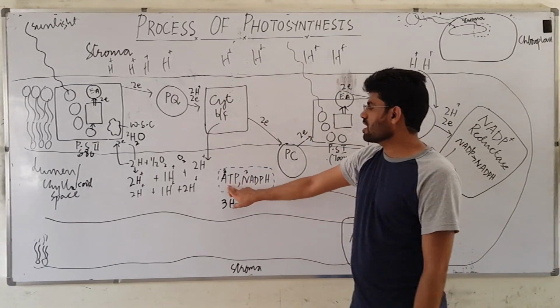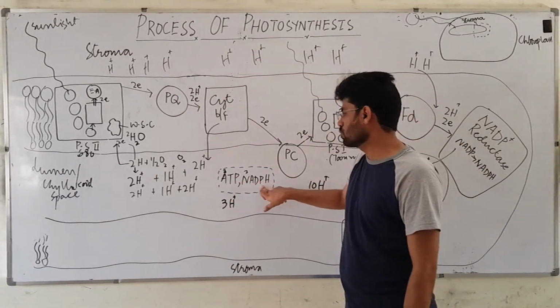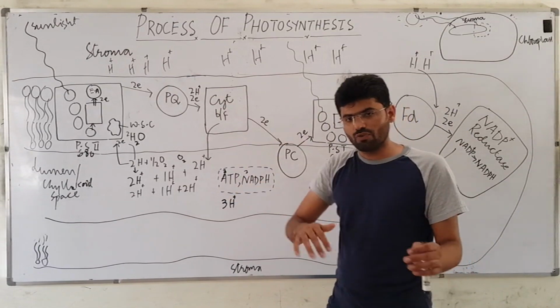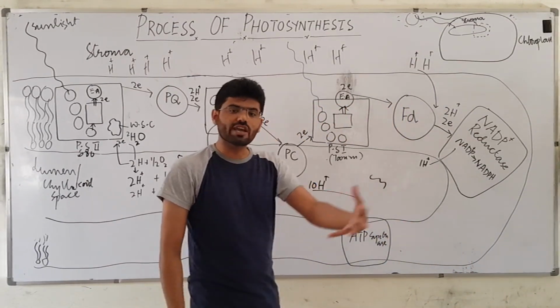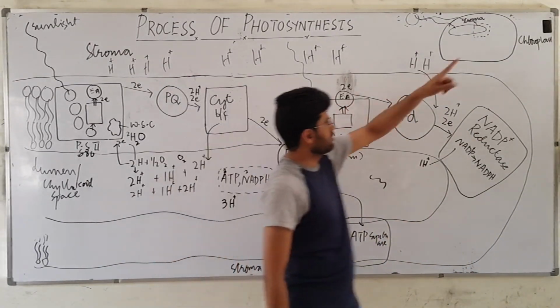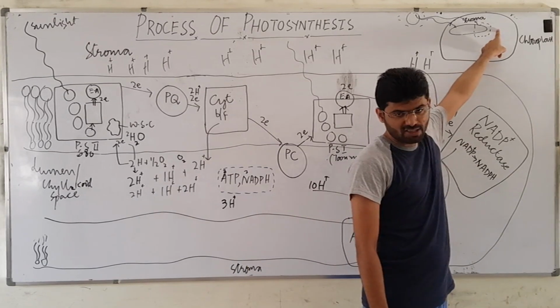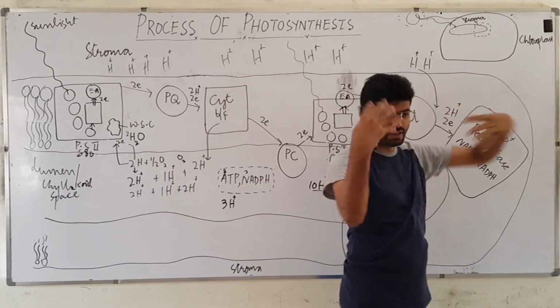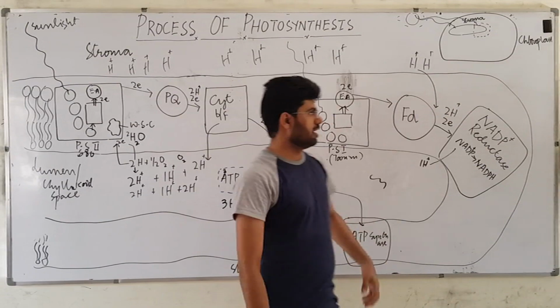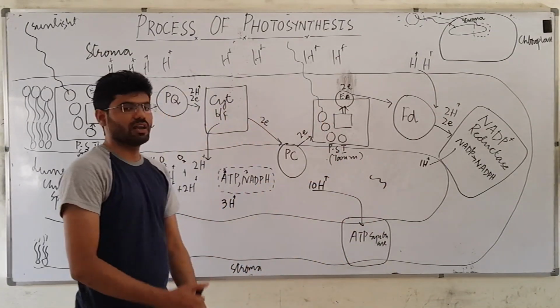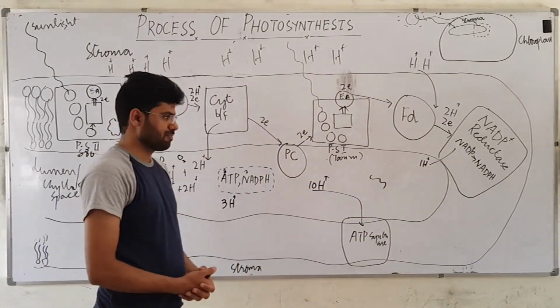Now these 3 ATP molecules and 2 NADPH molecules will initiate another process which will go on at this place called the stroma, and that reaction is called the dark reaction or the light independent reaction.